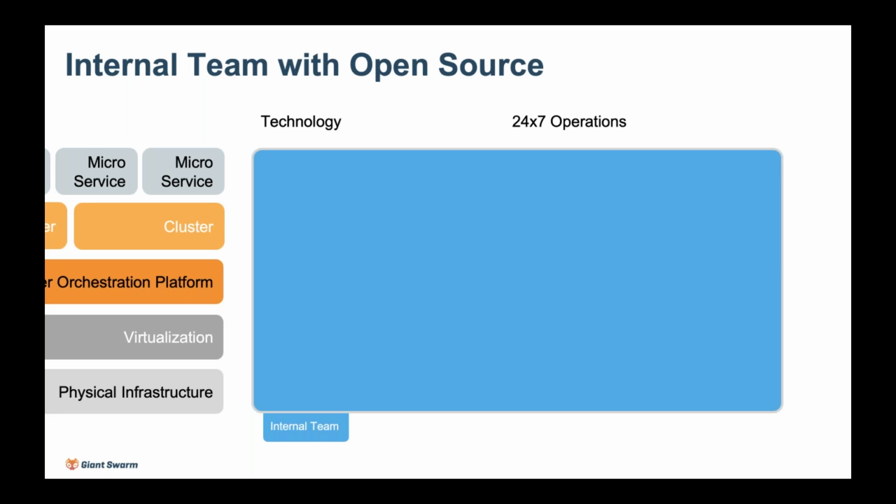So here, basically, we've got the first use case where we have an all internal team. So what you need to do is you need to find the right people within your organization, typically either in part or in full from your operations team and your development teams. Then you need to make sure that they can assess and build the cloud native platform from scratch.